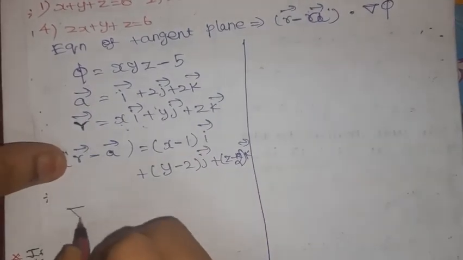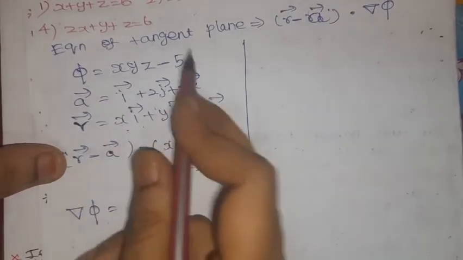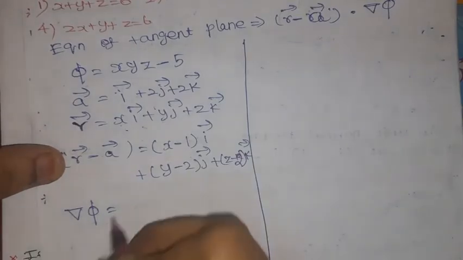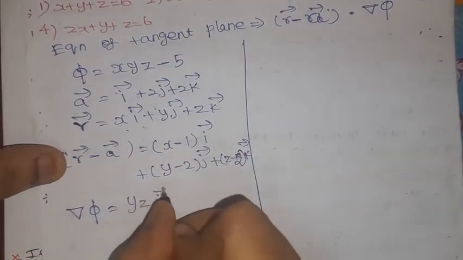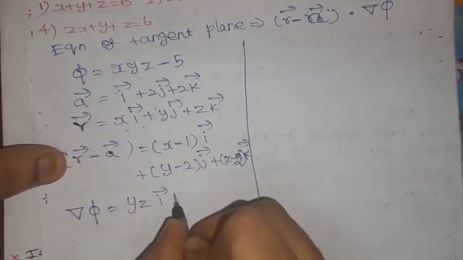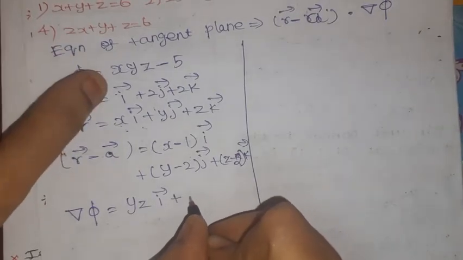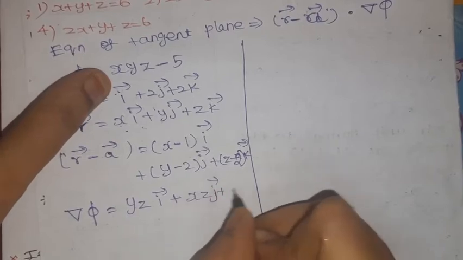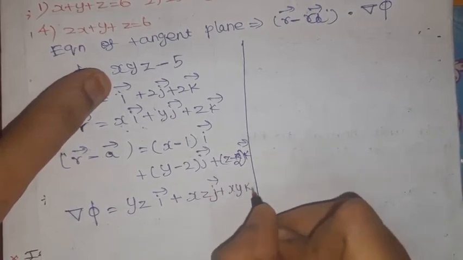Then find del phi from this. So i into dou by dou x of this term, so yz i, plus with respect to y, xz j, plus xy k.